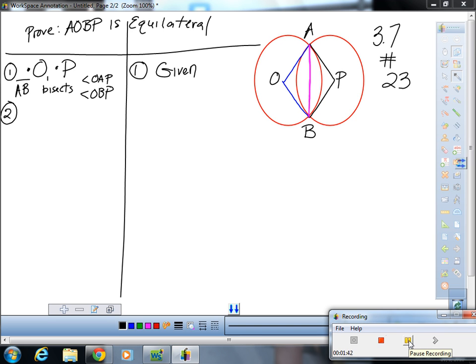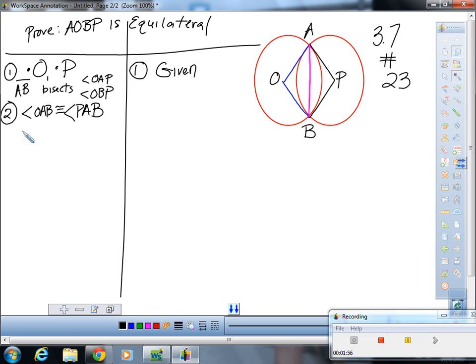Okay, so we'll start by saying that our proper angles are congruent. Be careful not to assume that all four of these angles are congruent, because they're not yet. We have to prove that. So let's say that angle OAB is congruent to what? Angle PAB, okay?